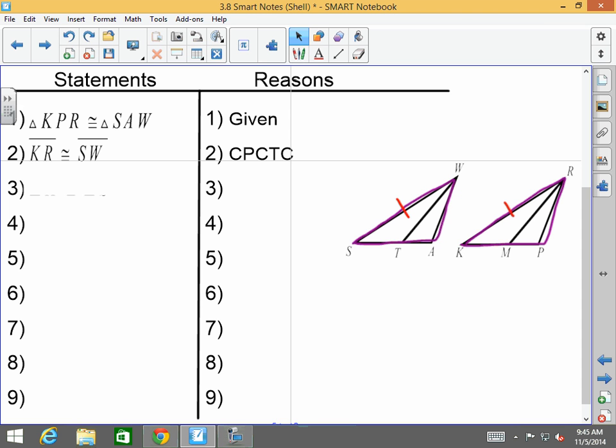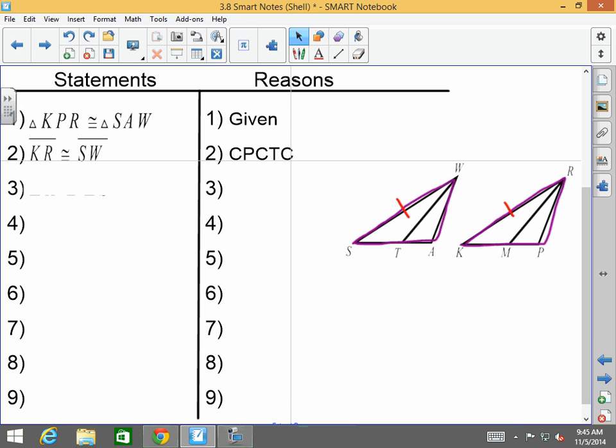Then from here I could, yes sir? I'm sorry, my man? Okay, just because it's congruent doesn't mean that you can just put tick marks. You have to prove why.